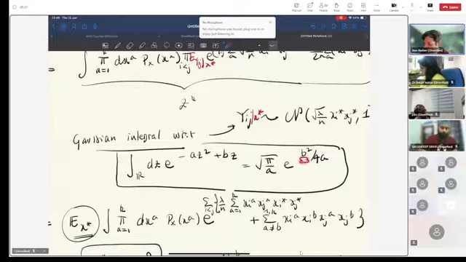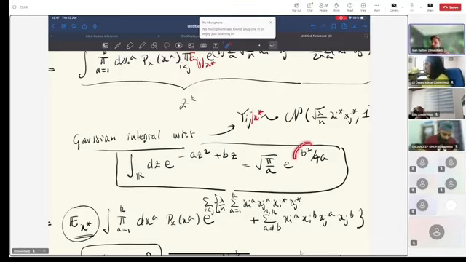But the price to go from quadratic exponent to linear exponent is that you need to introduce an auxiliary Gaussian variable, whose inverse variance A is related to what is at the denominator of this B squared, okay? So this is the linearization trick.